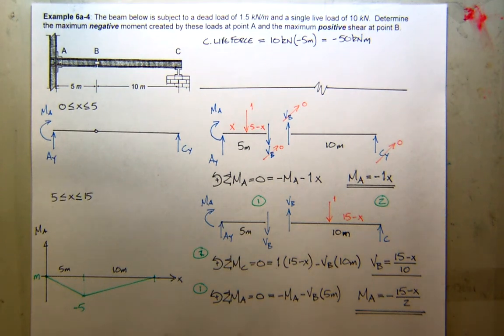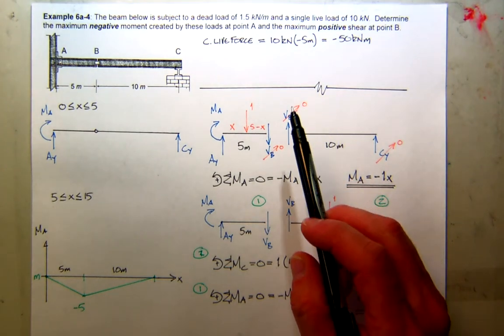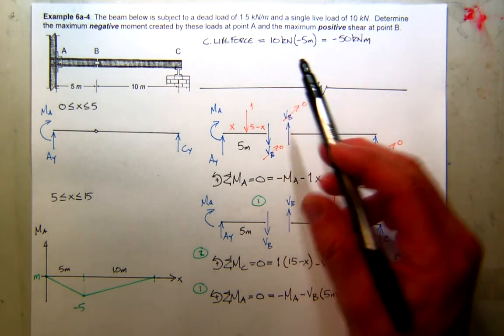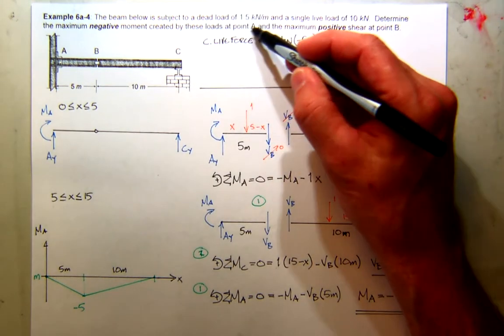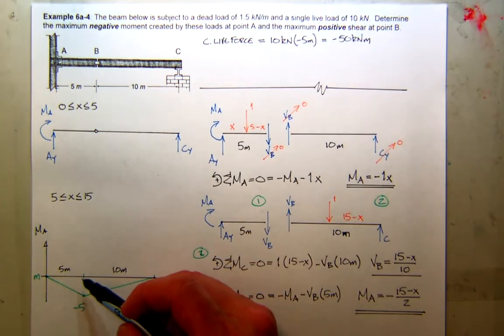What about the dead load? It's uniform. And we just learned that the way you find the effect of uniform load is you take the magnitude of the load, which is 1.5 kilonewtons per meter, times the area under the curve.